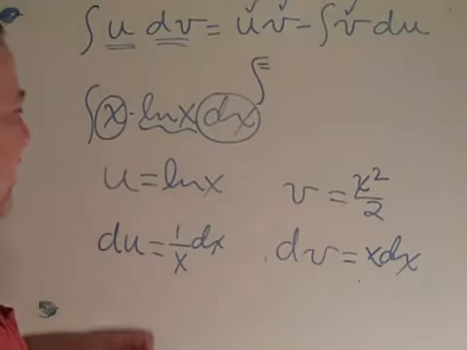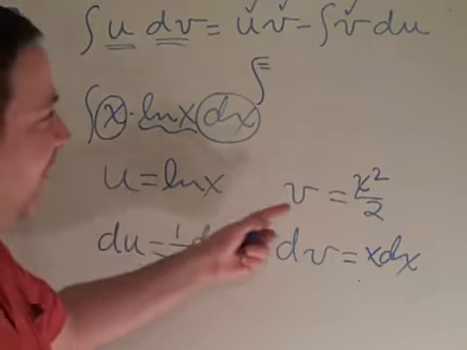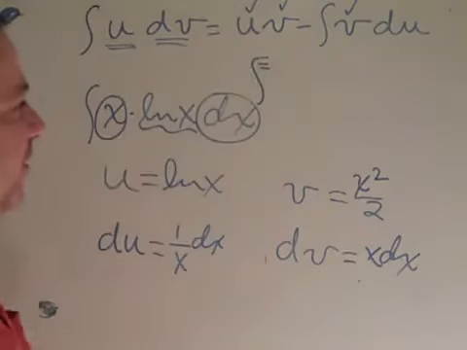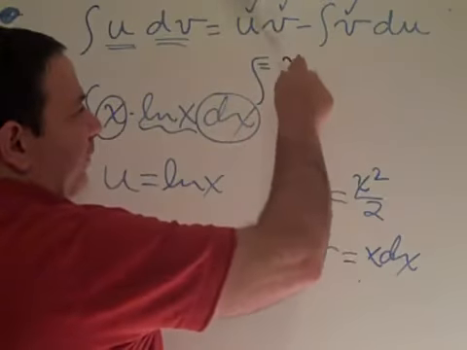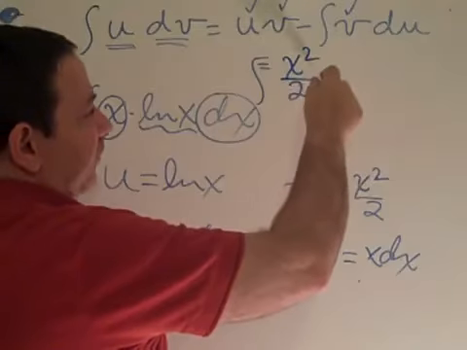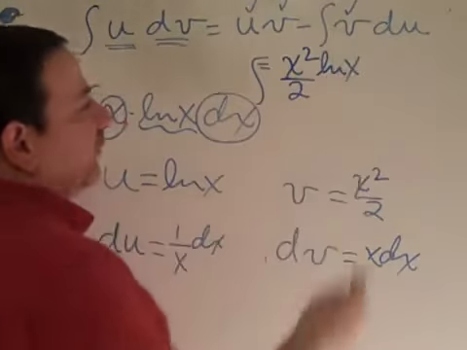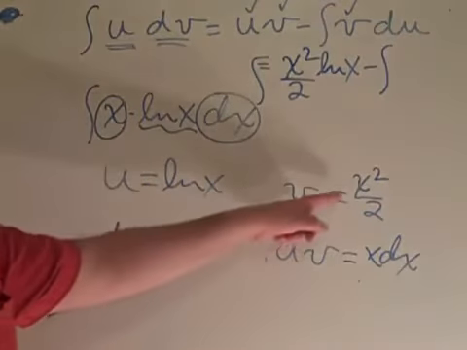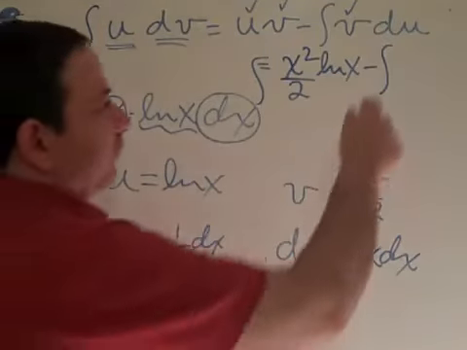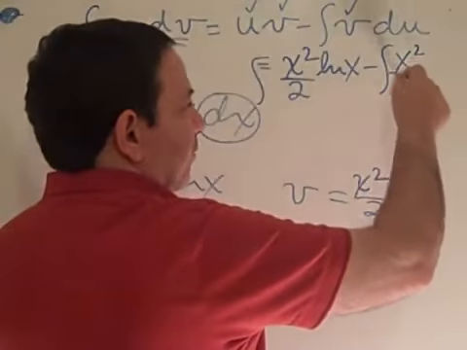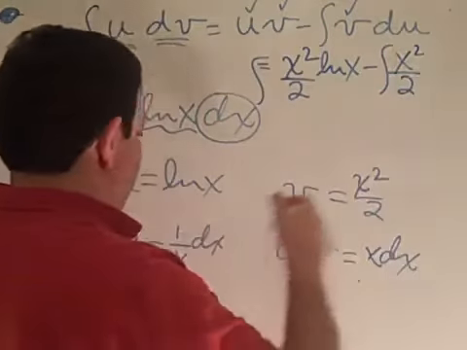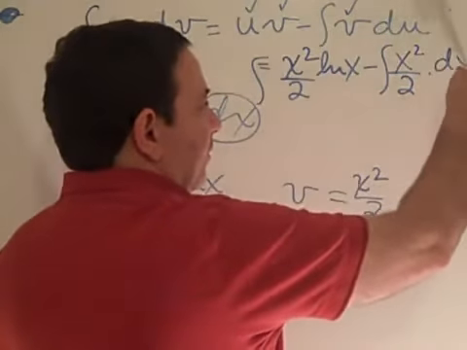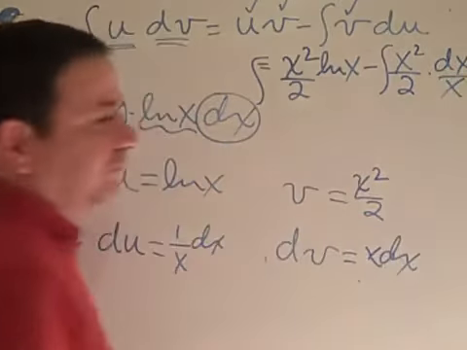So, to rule that out, instead of writing u times v, I'm going to write v times u minus the integral of v du.